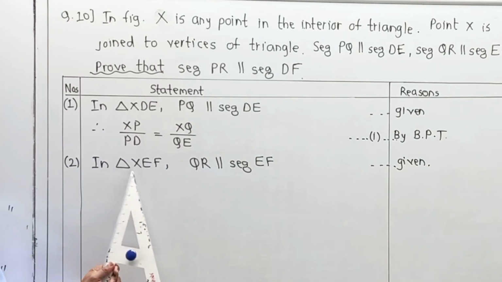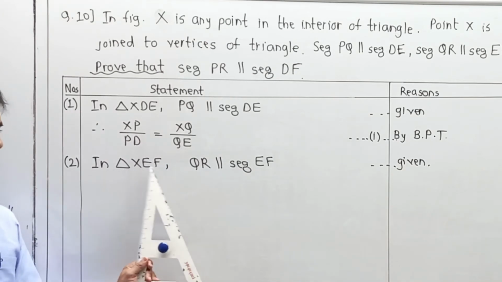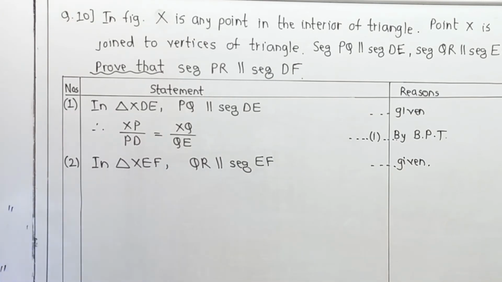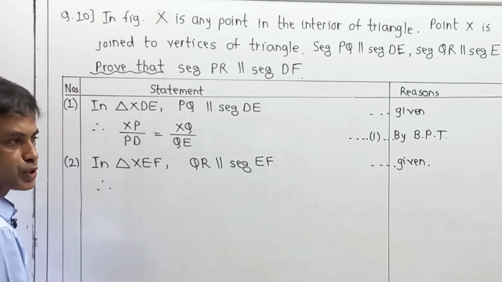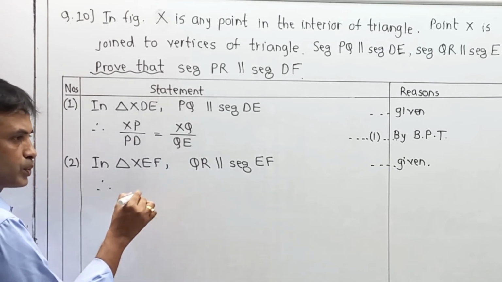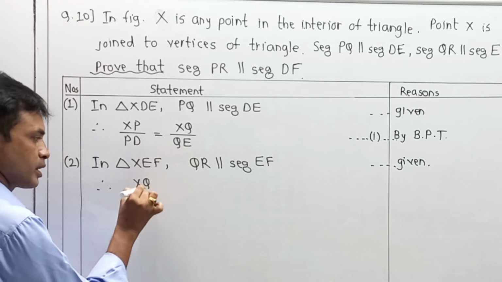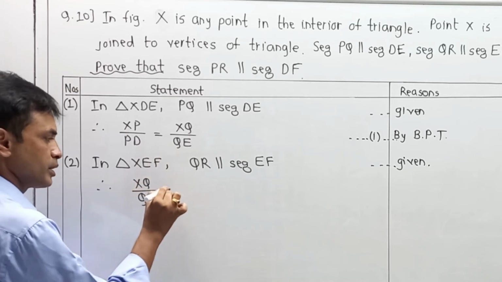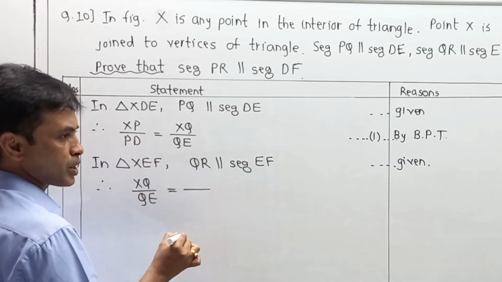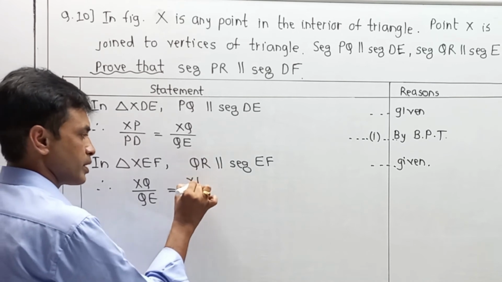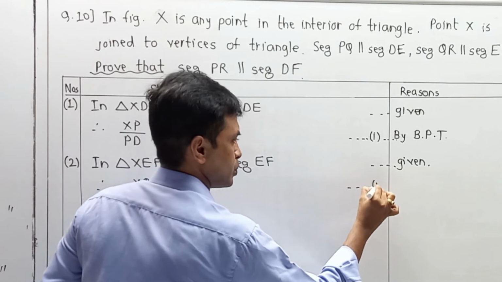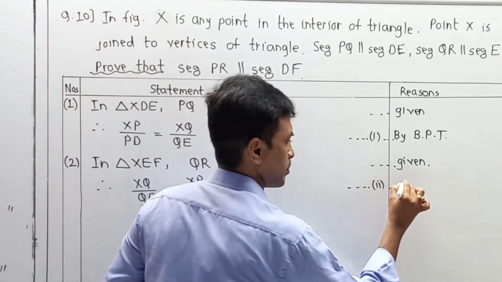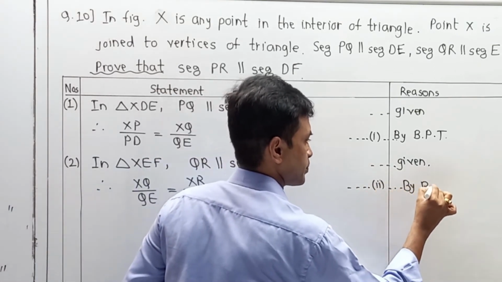Naturally, in triangle XEF, QR parallel to EF, we can say that XQ upon QE is equal to XR upon RF. Student, first draw that diagram and then observe this part. I am giving it as equation number 2, and the reason is by the basic proportionality theorem.